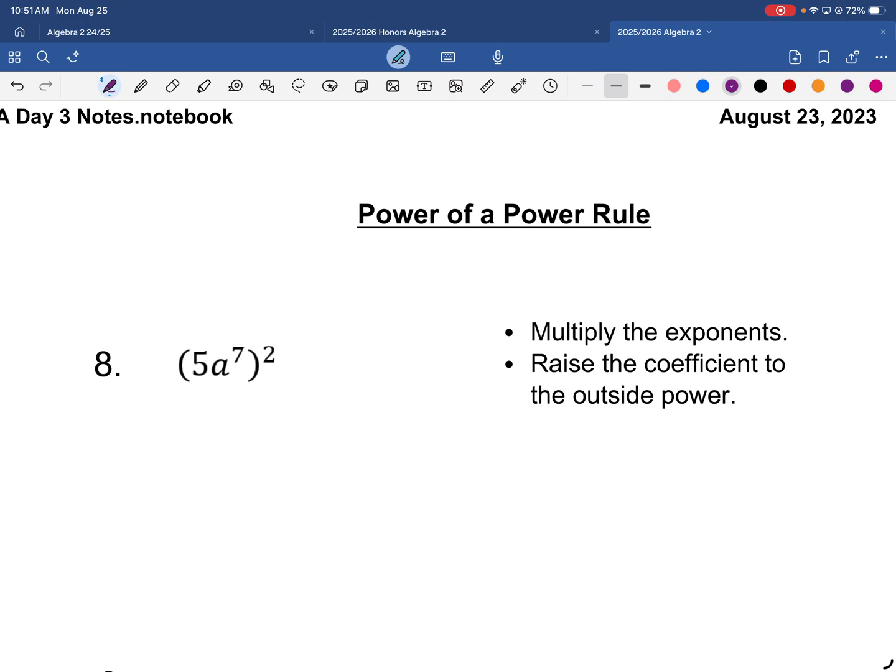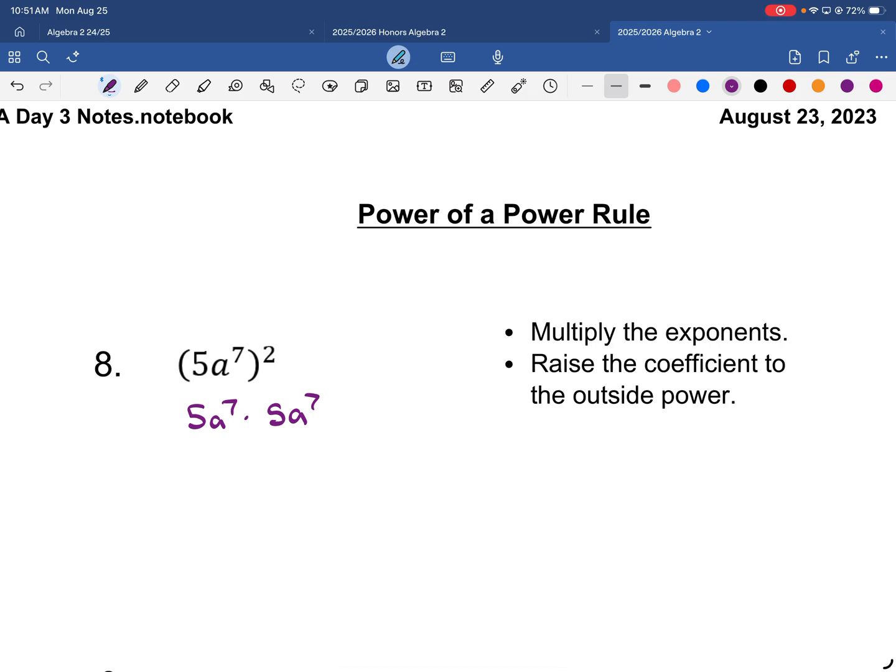So 5a to the 7th and all of that squared. And again, remember what this means. This means I'm going to take 5a to the 7th times 5a to the 7th. That's what it means.